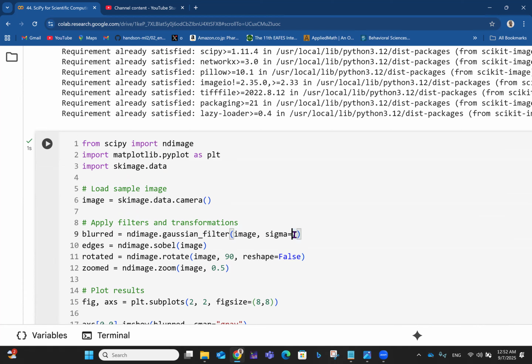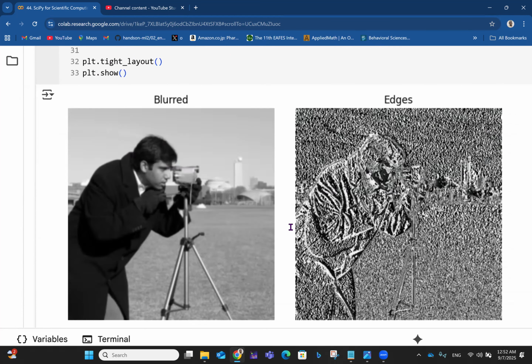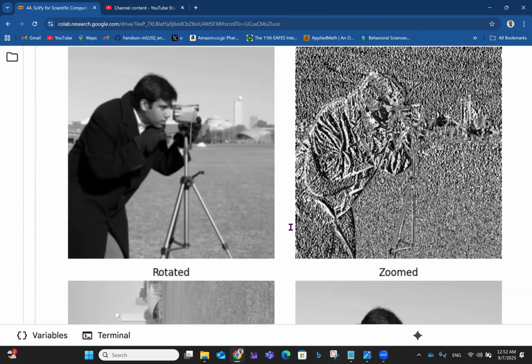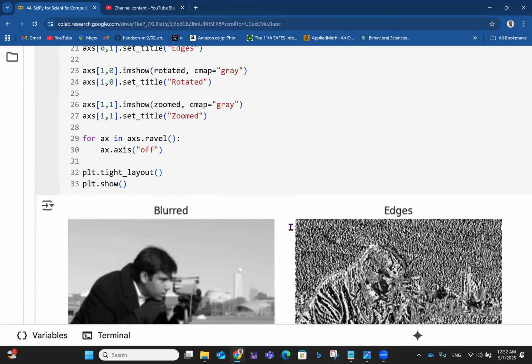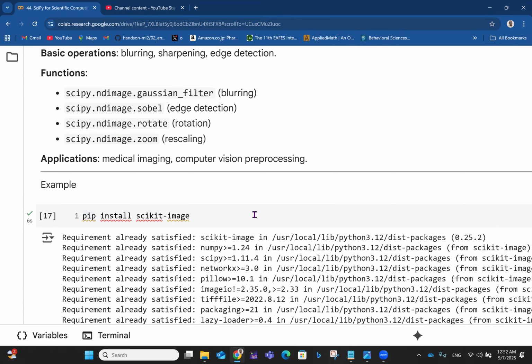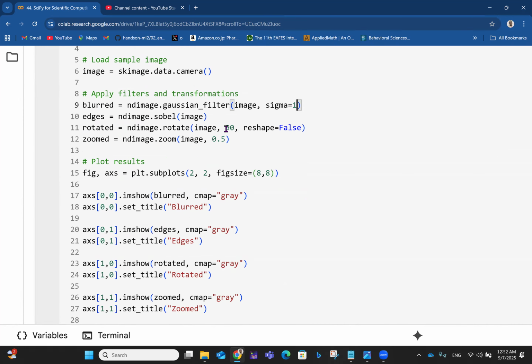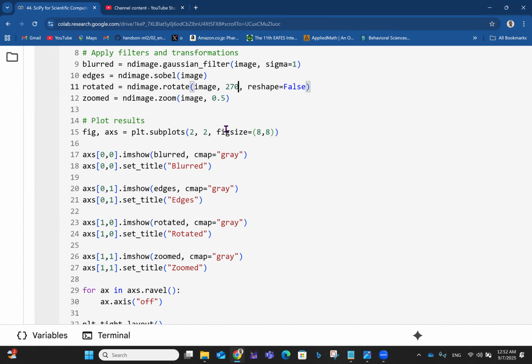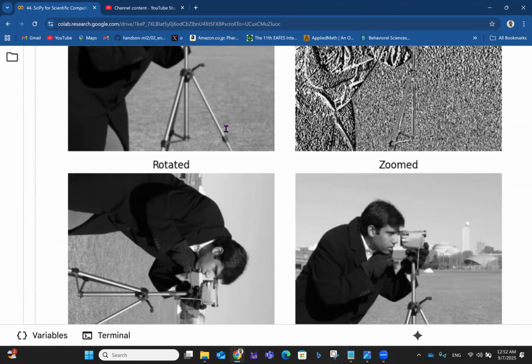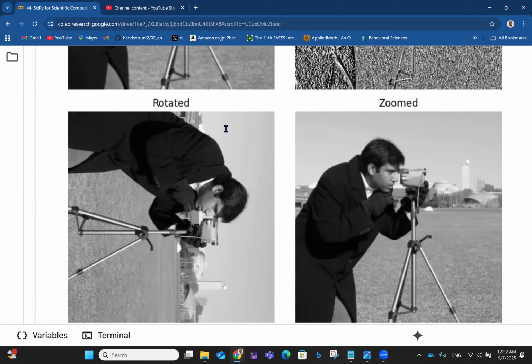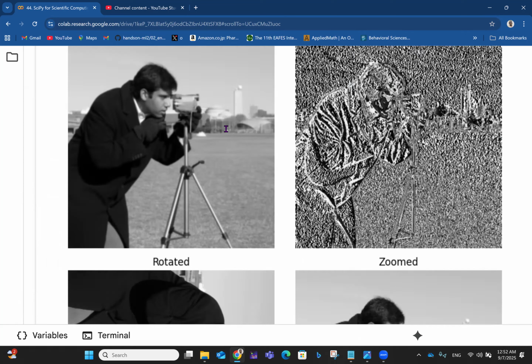What if I make sigma 1? Is it going to be a bit clearer? Yeah, it's clearer now. So the higher the sigma, the worse the image would be for the blurring. I can also rotate this at maybe even 270 degrees. Okay, that will flip it around like this. So we can work on images with SciPy.